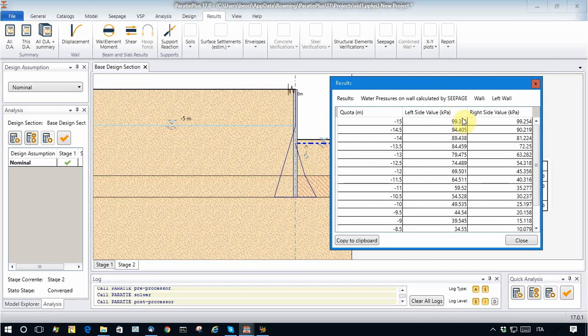That is very near to the hydrostatic pressure with respect to the original water table. So as expected, all the head loss will come along this soil plug due to the fact that its permeability is much lesser.